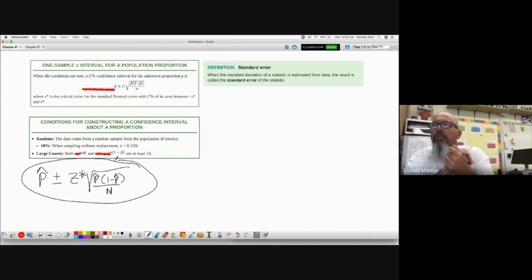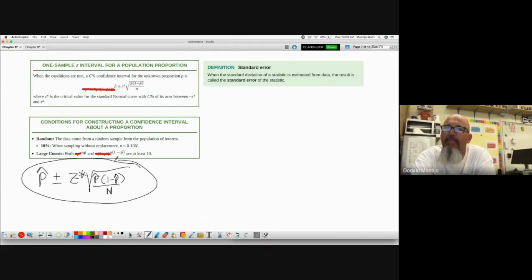Now, in order to construct a confidence interval, we have to make sure that our conditions have been met, meaning the data must come from an SRS. There's no way to fix bad data. If we don't get data from an SRS, then we're just polishing a turd. We just got a shiny piece of crap and we're done. Then they talk about this 10% condition.